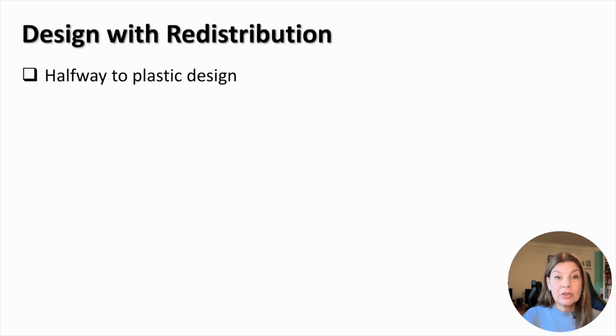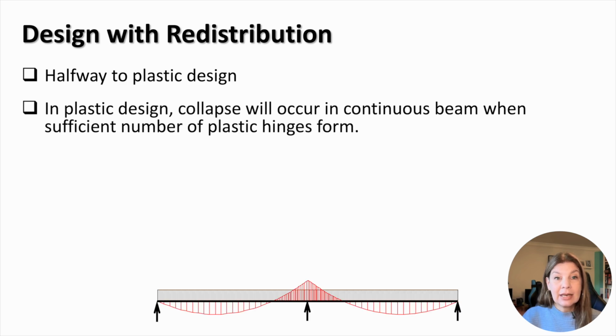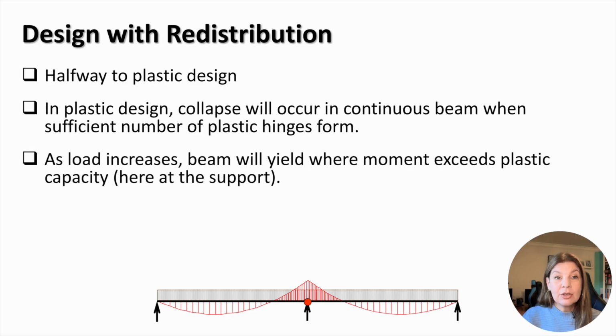Elastic design with redistribution of moments can be considered as halfway to the plastic design. In plastic design, collapse will occur in a continuous beam when a sufficient number of plastic hinges form. As load increases, the beam will yield where the moment exceeds the plastic capacity of the section. In the beam considered on this slide, a plastic hinge forms at the middle support, transforming the continuous beam into two simply supported beams.